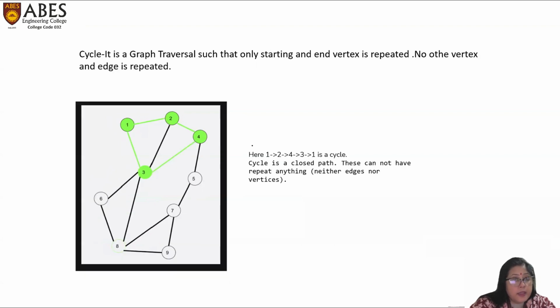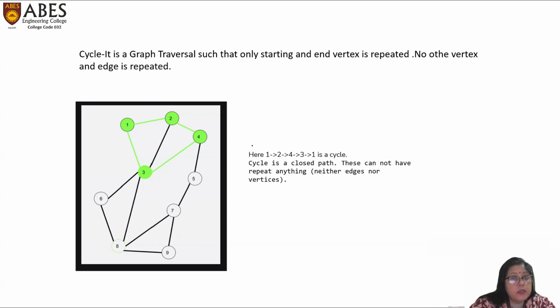Now, what is a cycle? It is a graph traversal such that only the starting and end vertex are repeated, and no other vertex or edges are repeated. Here, what has been shown in green color is a cycle: we move from vertex 1 to vertex 2, from vertex 2 to vertex 4, then from vertex 4 to vertex 3, then again to 1.